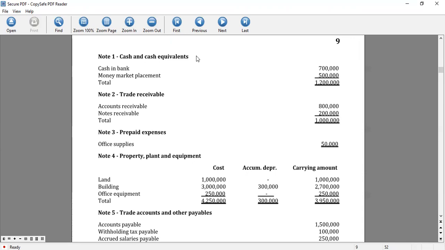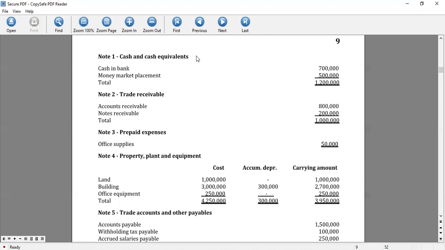That's why we have the amount of 300,000. The 300,000 is the result of multiplying 150,000, the annual depreciation, by 2 years. So 300,000 deducted from 3 million, the carrying amount is 2,700,000.